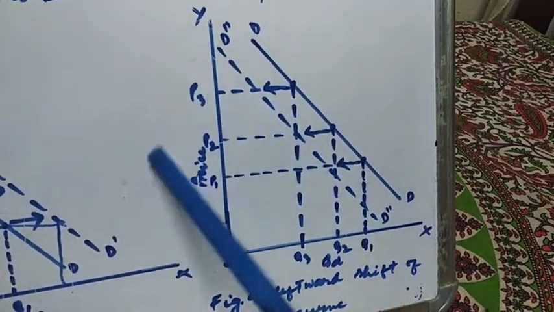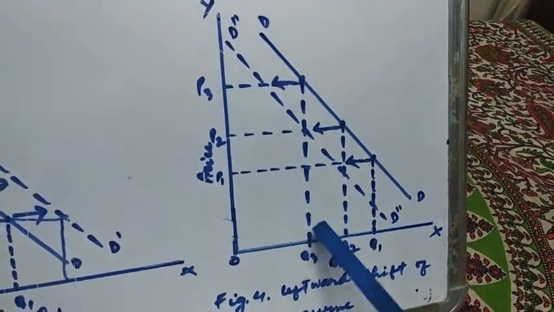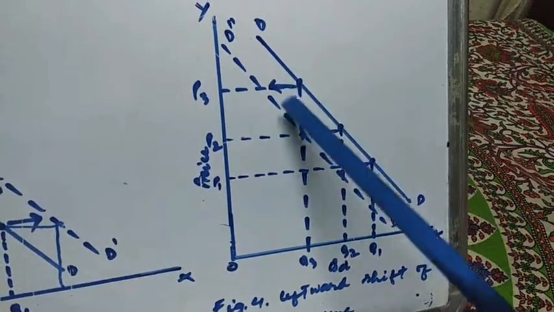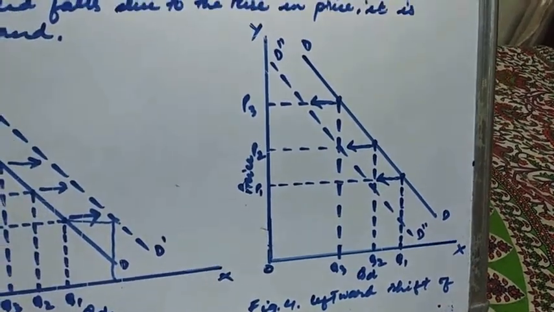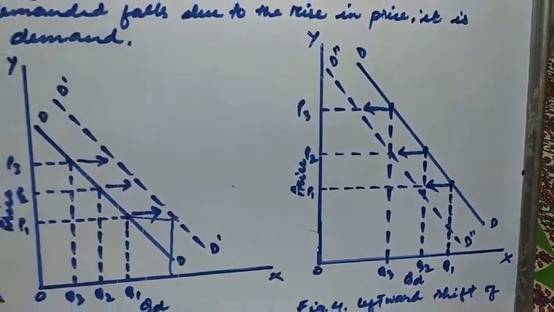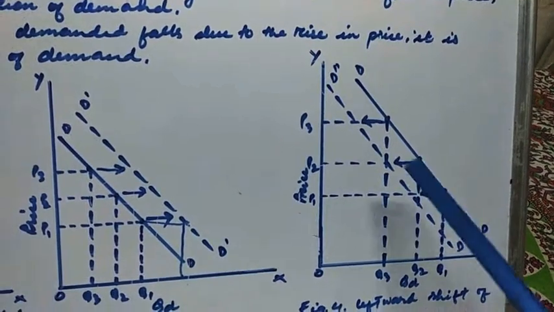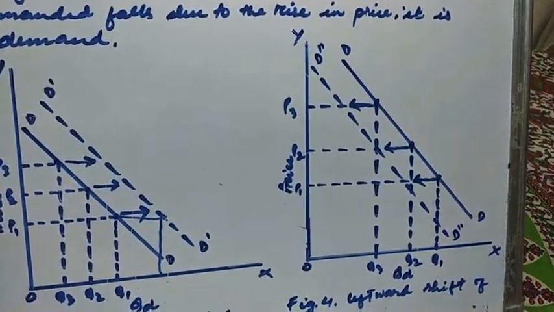So at the same given price level, a consumer is able to demand very little compared with the previous demand curve. That is called the contraction of the demand curve due to the fall in income. That is the leftward shift of the demand curve from DD to D'D'.